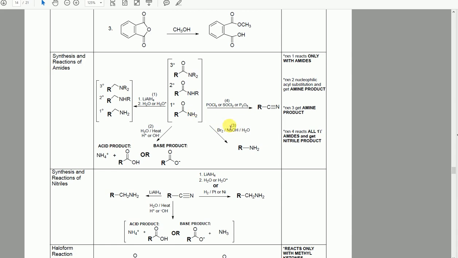So in reaction 3 right here, we have Br2, NaOH, H2O. This will completely remove the carbonyl carbon and have a direct attachment to the nitrogen group. I think this one also only works with primary, but I'm not exactly sure.